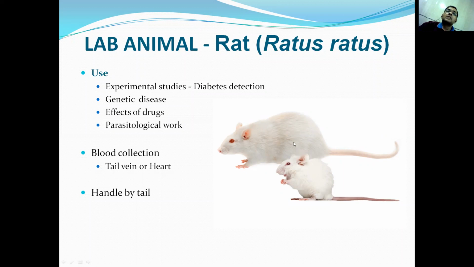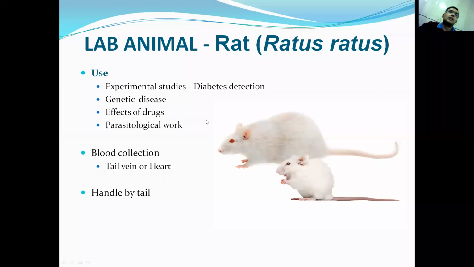You should remember this, because in the exam we may put an image in your spotting, and you have to identify which animal it is, and we may ask a couple of questions related to this animal. So this is the difference between rat and mice. Even though they are almost similar, their size is entirely different, and many study purposes are also different.